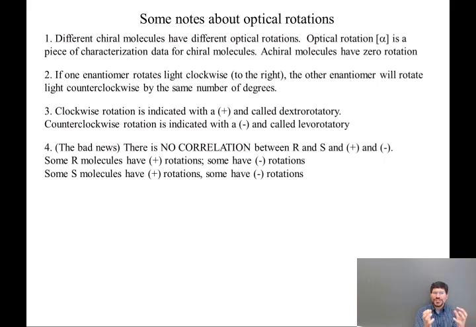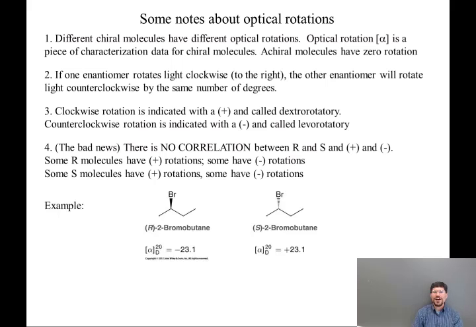You can only determine if the rotation is going to be positive or negative by going into the lab, making up a solution of your compound, putting it into a polarimeter, and figuring out if the rotation is positive or negative. Okay, so some R molecules will have positive rotations, others will have negative rotations, some S molecules have positive rotations, and others have negative rotations.